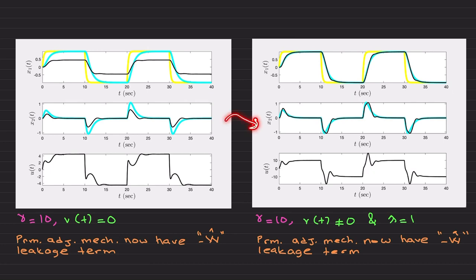You still have this leakage term minus W hat. When you implement the performance recovery signal, again, the left was without performance recovery, right with performance recovery. Even with lambda equals 1, you can achieve a nice performance, and basically you can address the performance degradation coming from the leakage term.